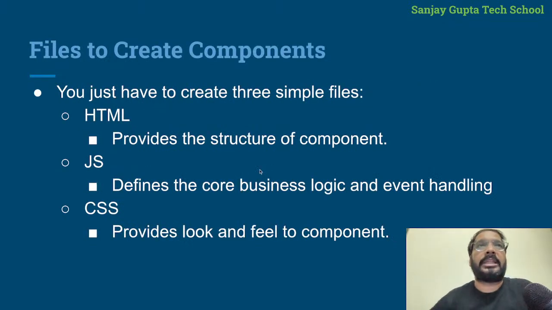These are the files that you need to create. We will be creating an HTML file, a JavaScript file, and third is CSS. If you read the next line after the language, HTML provides the structure of the component. When we discussed HTML, CSS, JavaScript, we were writing everything in the HTML file. Whatever we write in HTML will be rendered on the UI.